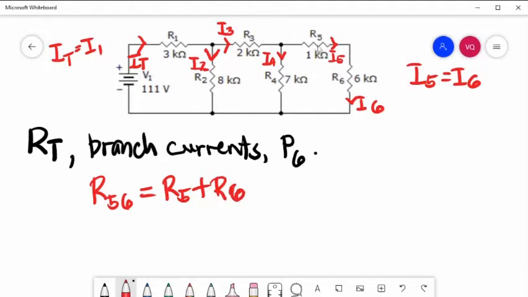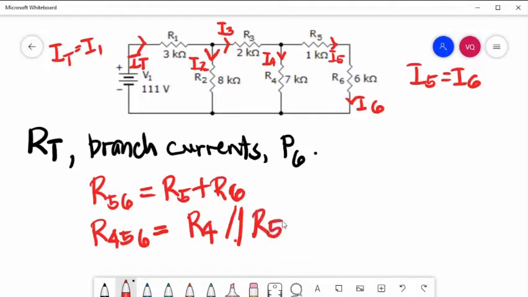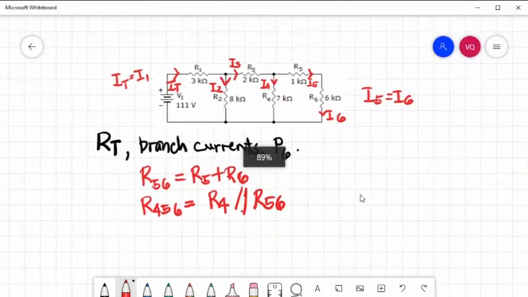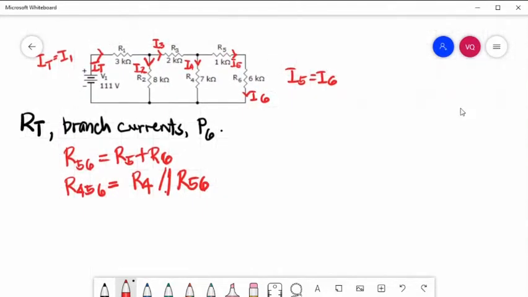After the combination of these two, R56 is in parallel with R4. So R456 is equal to R4 in parallel with R56.